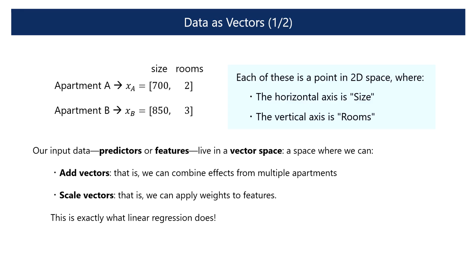So our input data, called predictors or features, live in a vector space, a space where we can add vectors. That is, we can combine effects from multiple apartments. And scale vectors. That is, we can apply weights to features. This is exactly what linear regression does.